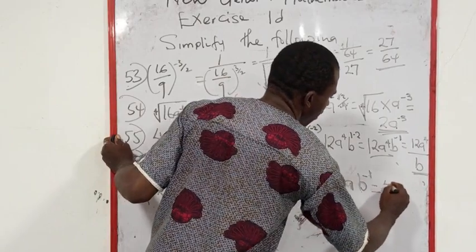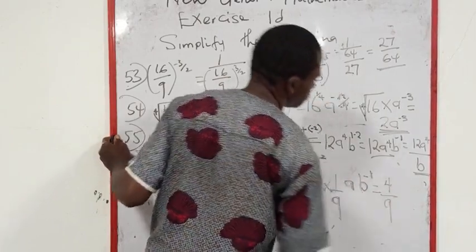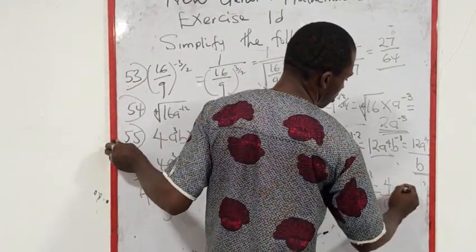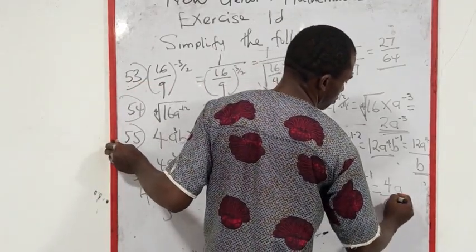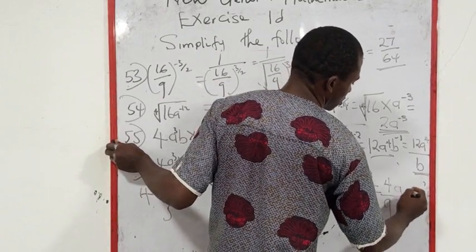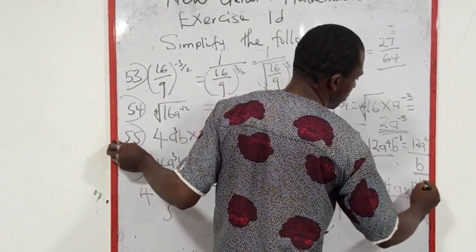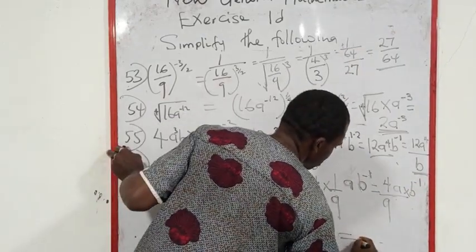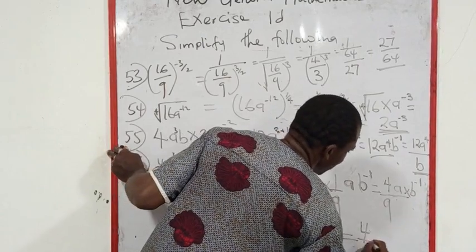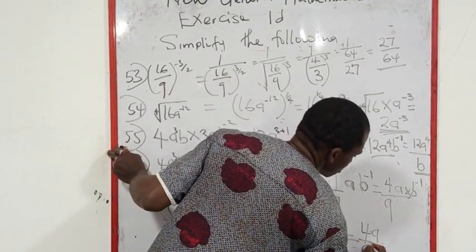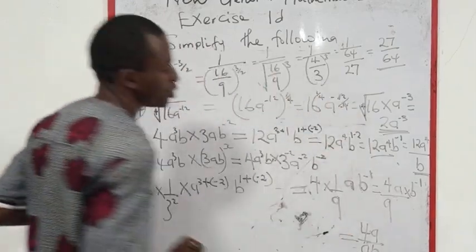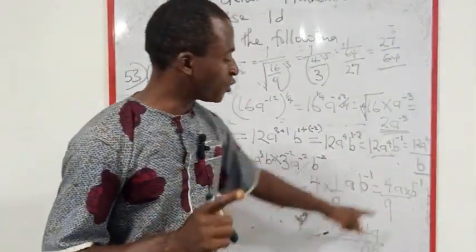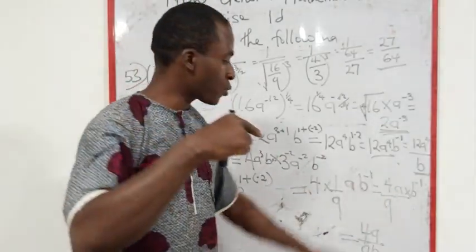So now b raised to power minus 1. When we do this, we have 4 over 9 times a times b raised to power minus 1, which can be referred to as 4 over 9 a over b, because for that b raised to power minus 1, remember our fourth law of indices, it is now 1 over b.